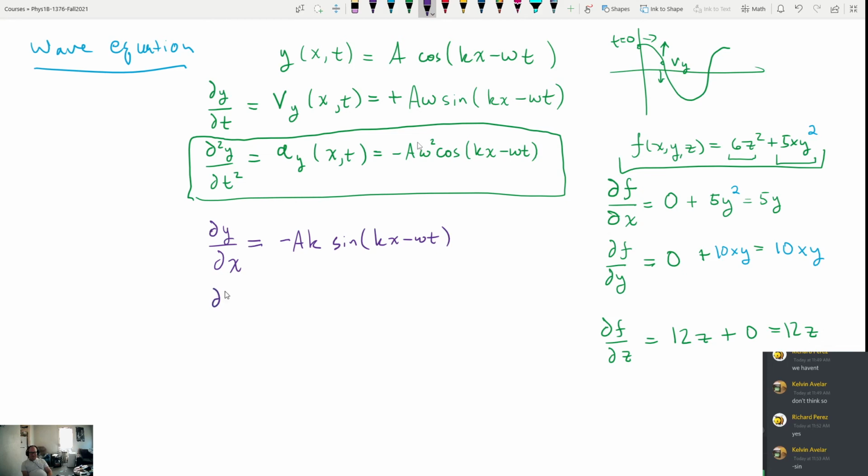If I then take the second partial of this function with respect to x, we did it right. The derivative of the cosine gives us a negative sign. The derivative of the inside gives us a positive k, so it's a times k. If we do it one more time, the derivative of the sine function is a cosine function.